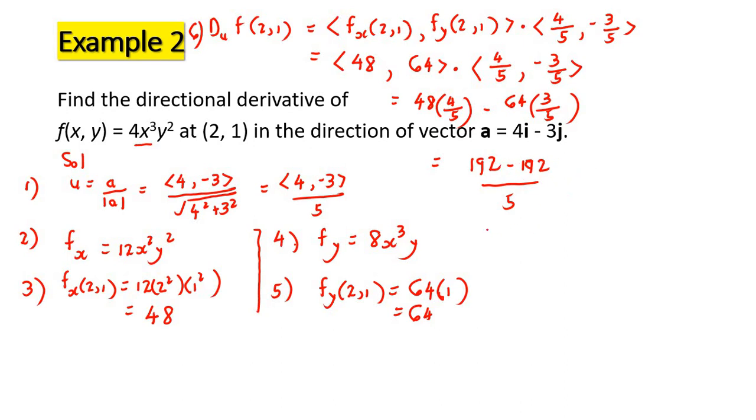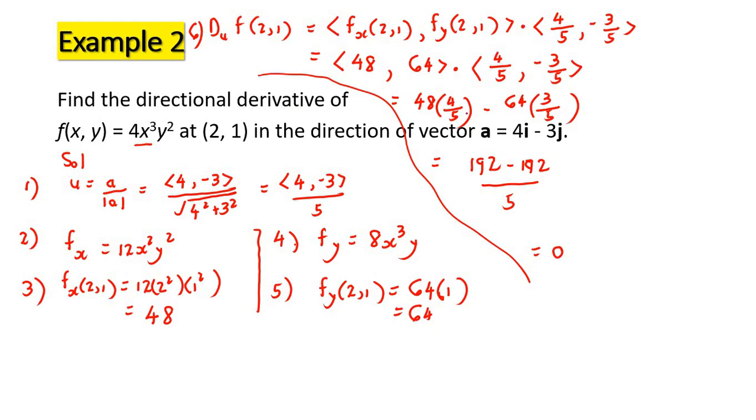The answer that we obtain is 0. The directional derivative of the function 4x cubed y squared at the point (2,1) in this case is exactly 0.